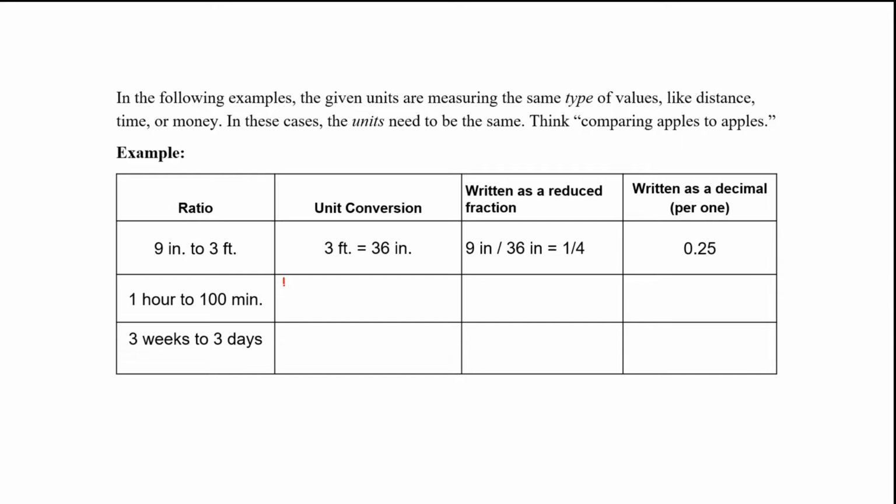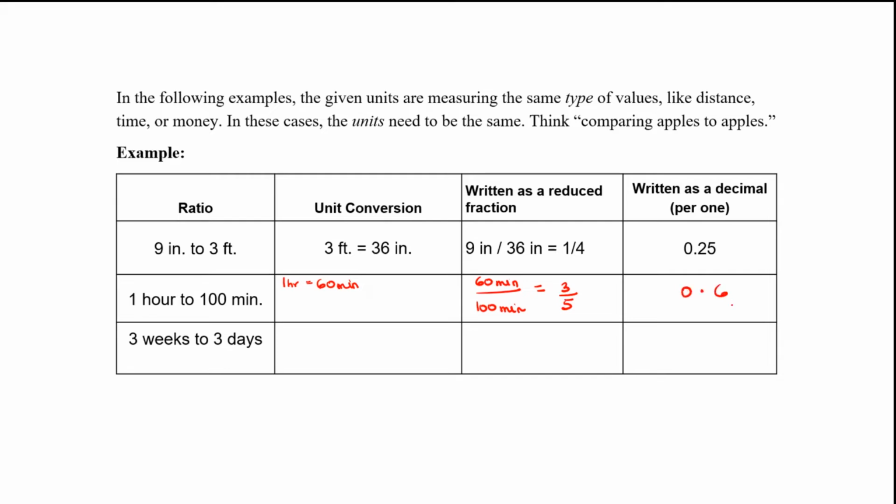We also know that an hour is 60 minutes. If we want to write this as a reduced fraction, then 1 hour to 100 minutes now becomes 60 minutes over 100 minutes. And that gives us a ratio of 3/5 when we reduce the fraction. And as a decimal, we have 0.6.